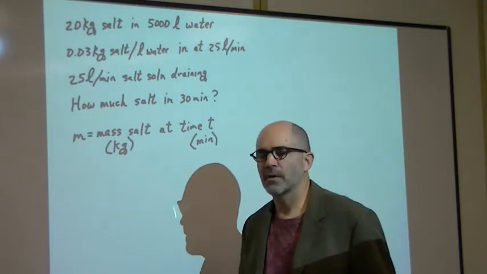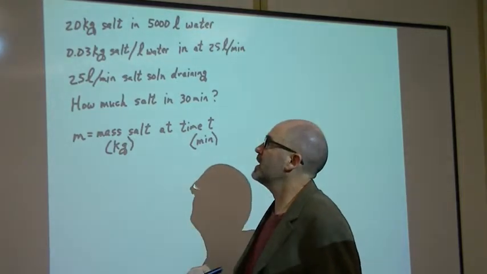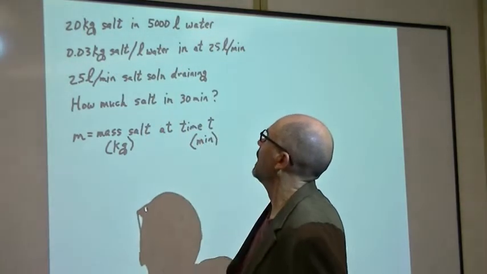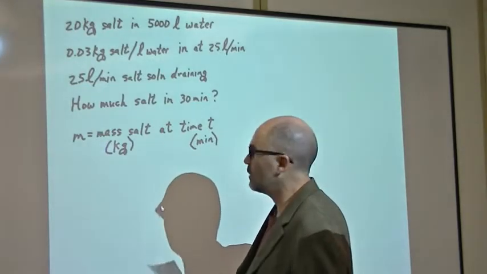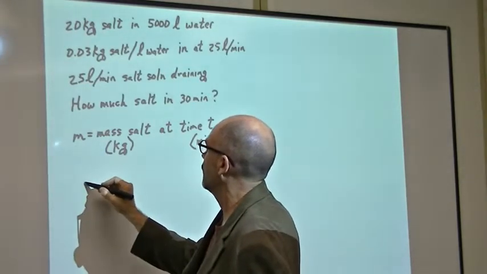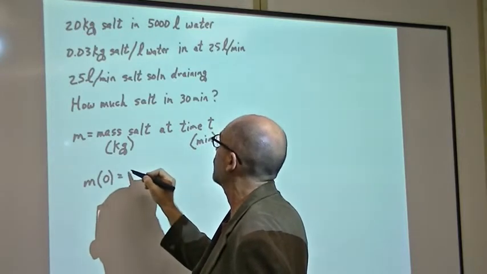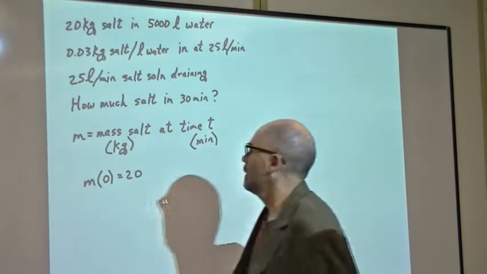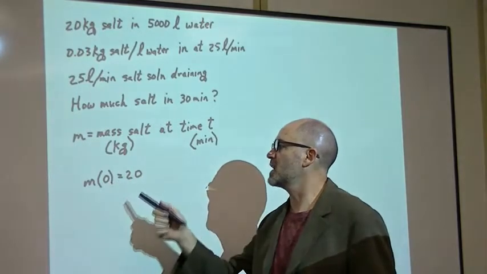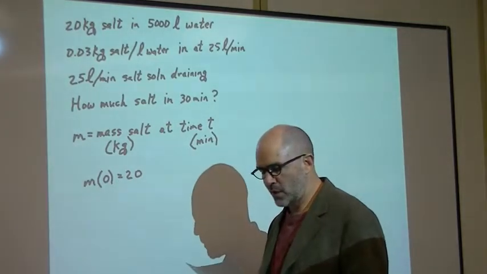Yeah, that's important too. All right, so we've got the initial condition, 20 kilograms of salt are present in the water initially. So that means m of 0 equals 20. So the mass at 0 time is 20 kilograms.